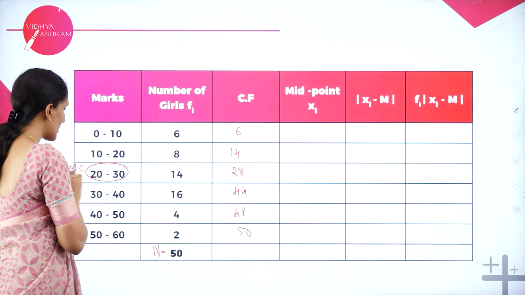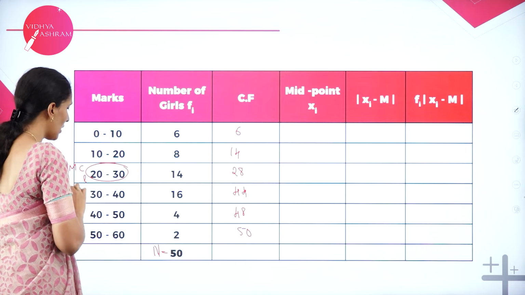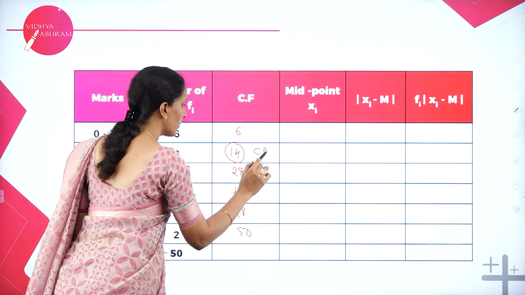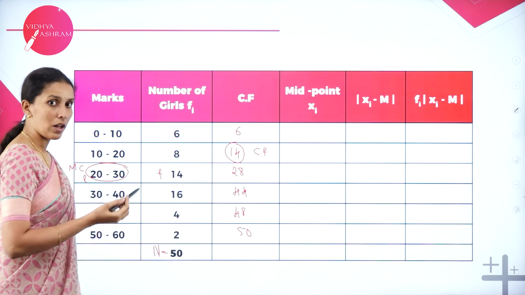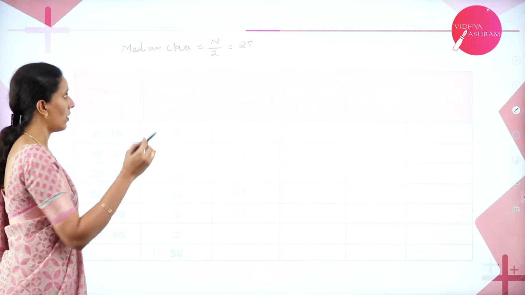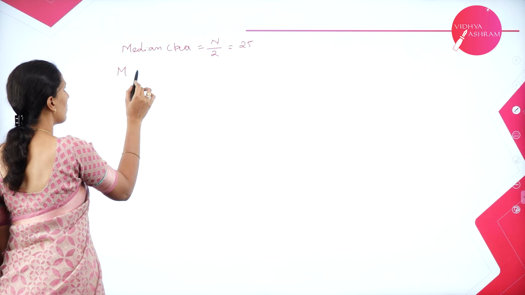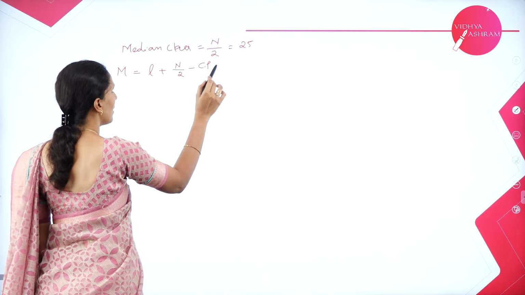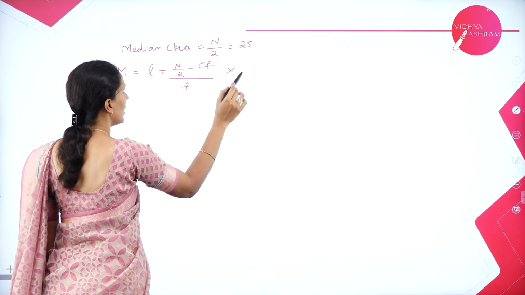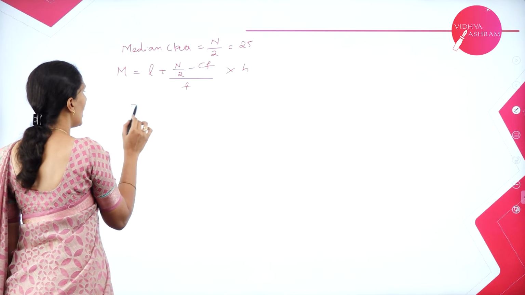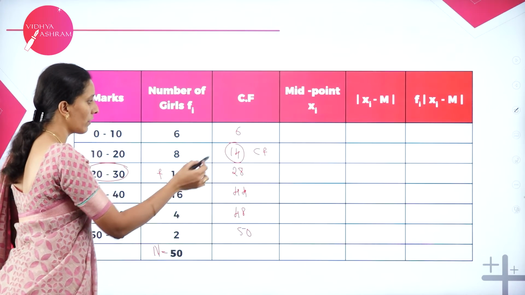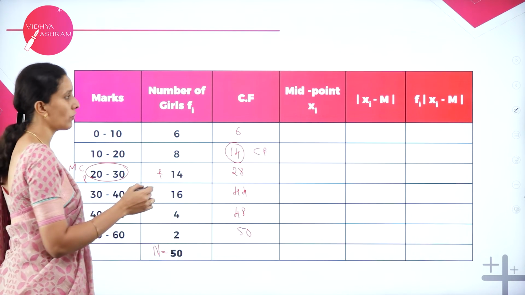Whenever the median class is known, this is the lower limit, this is the frequency, this is the cumulative frequency and class size. All these are needed in the formula. So what is the formula? M is equal to L plus n by 2 minus Cf divided by F into H. So L is 20, n by 2 is 25, cumulative frequency is 14, frequency is also 14.